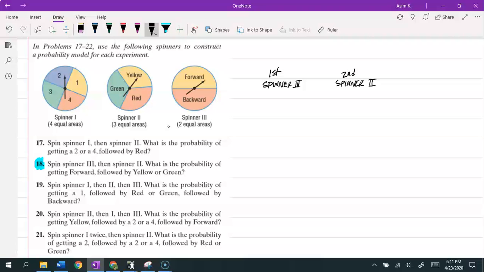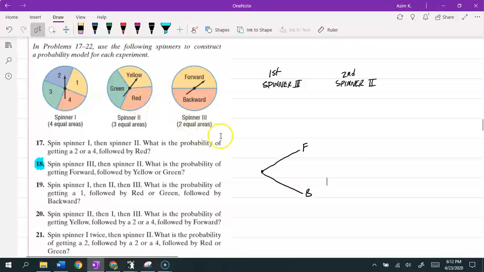Well, let's talk about the possibilities for spinner 3. You start off with the dot and you can either end up with forward or backward, like that. So there are your 2 possibilities right now. Then after you have spun spinner 3, you spin spinner 2.